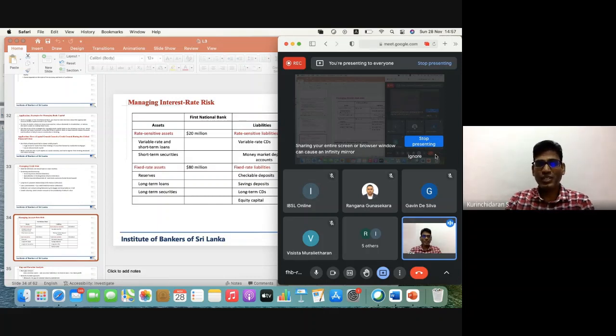If it is a positive gap, of course, we know we have more assets than liabilities, so we can be sure we can settle these liabilities using our assets, those maturing in a particular bucket.